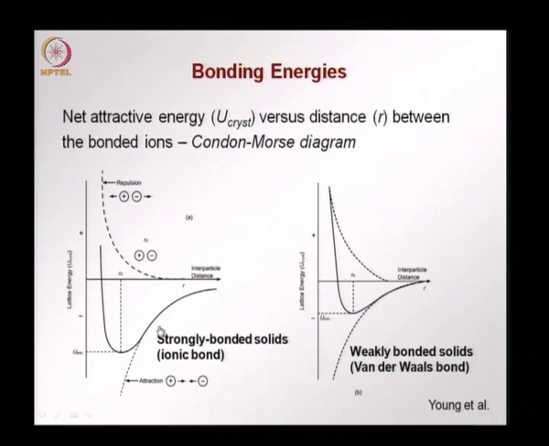So, we see that there is a difference in how the energy and particle distance relation occurs in a strong bond and a weak bond, and when we compare these two diagrams we start understanding other aspects that we will deal with in a minute. This diagram is called the Condon-Morse diagram, and it gives us the net attractive energy between different particles as a function of the distance between them.